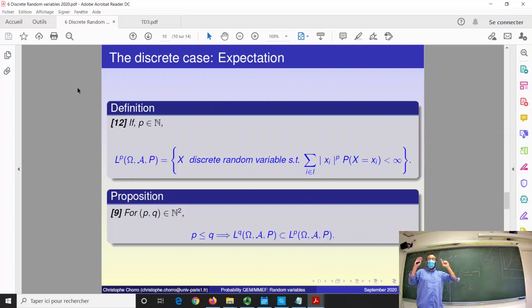My remark, and it was just a little remark, I don't prove anything for the moment, is that if I consider L1, what is L1? I have inside discrete random variables fulfilling this condition for p equal to 1, so maybe it can be fulfilled or not, it depends on the random variable, but the only thing I can say is that if I am a discrete random variable and I fulfill the condition, of course I am a discrete random variable. So L1 is included in L0. It's the only thing I said for the moment.